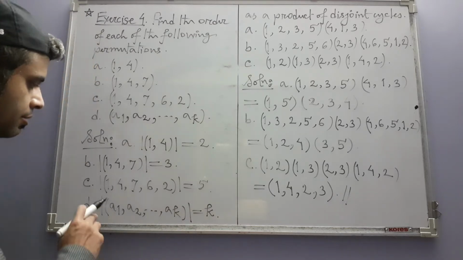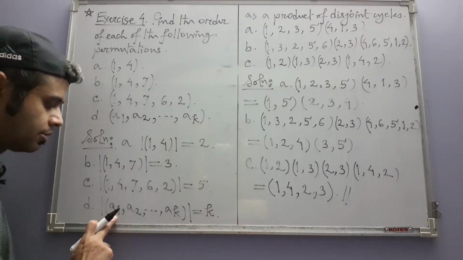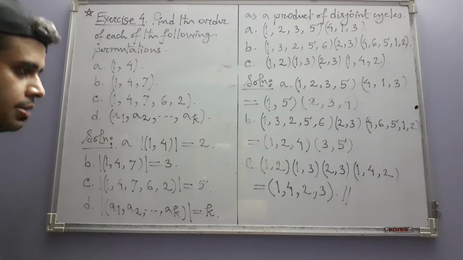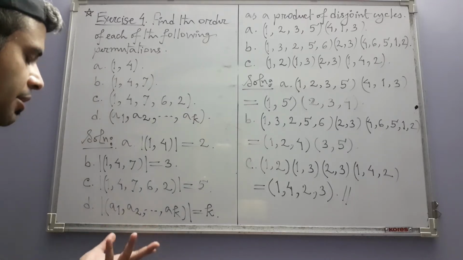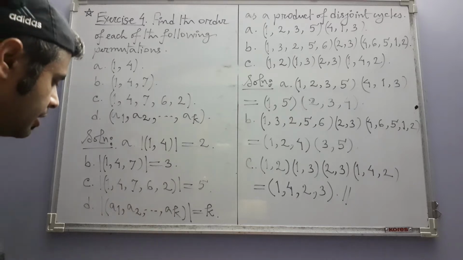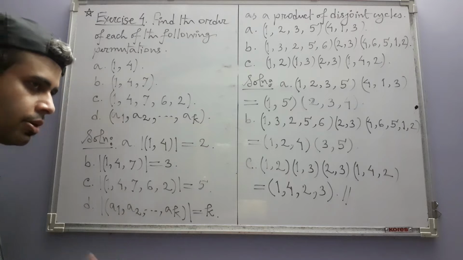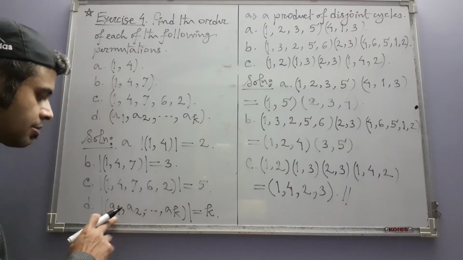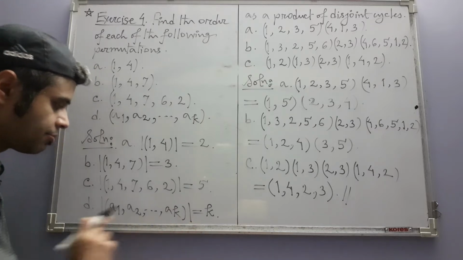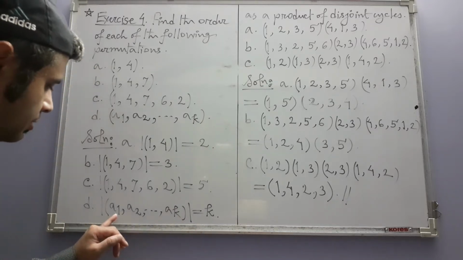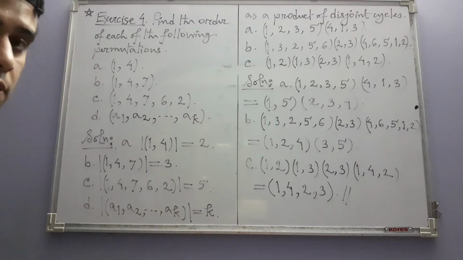Now if you have some doubt about this being a k cycle, you may suddenly have this doubt that can this be written as a product of disjoint cycles in some other way? No, because this is itself a single cycle, and these symbols that appear inside a cycle, they are all distinct.